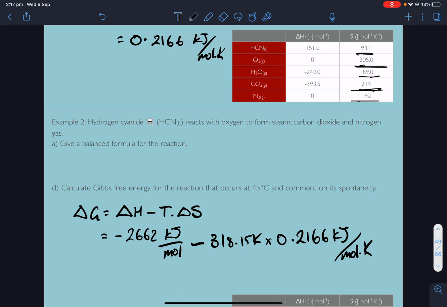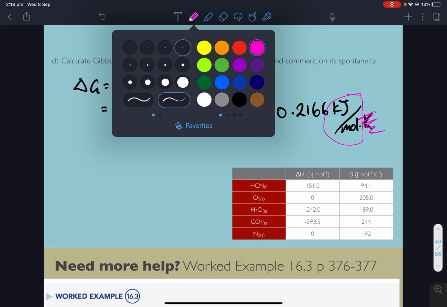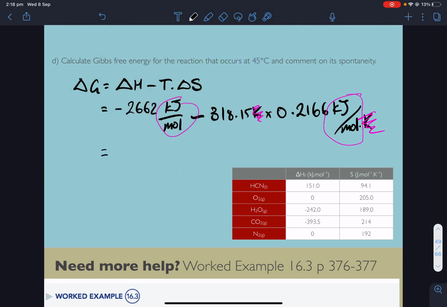Now if I look at my units, I'm just going to make sure that they're going to cancel. Kelvin, Kelvin. So kilojoules per mole. I'm all happy with that. So, negative 2662 minus 318.15 times 0.2166. Still a large negative value, which is good.